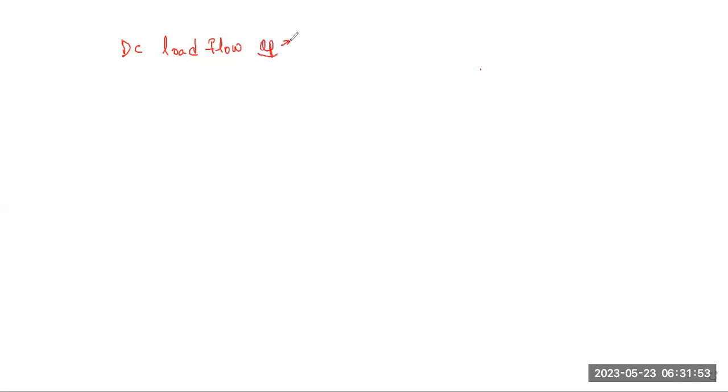Yesterday I told you about forward and backward sweep, right? There's a question also that has been asked in the question paper, but the data there is different. So I'll send you the PDF.